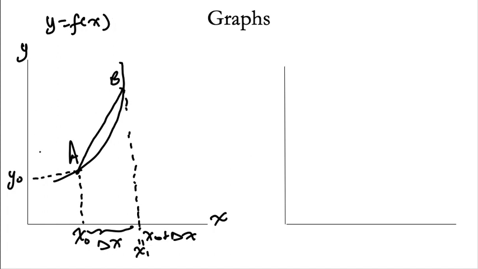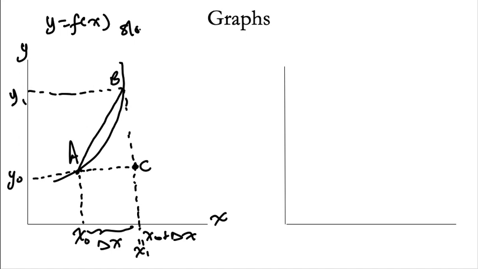Then how do we measure the slope of AB here? So here we have y1. Let's say I draw this line, and then let's say I put one point here. I call it point C. Here we can calculate the slope of AB by CB over AC, isn't it?